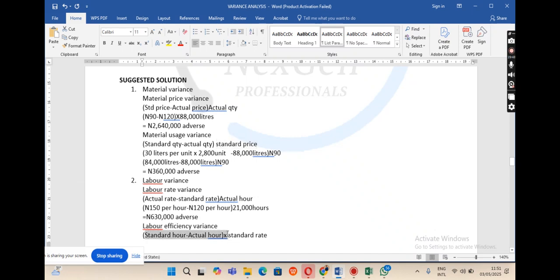Yeah, because it is hour, you multiply by standard rate. Or you go and formulate that my formula, right? You can formulate that, right? But what I want you to understand is you are comparing standard with actual. You are comparing standard with actual.